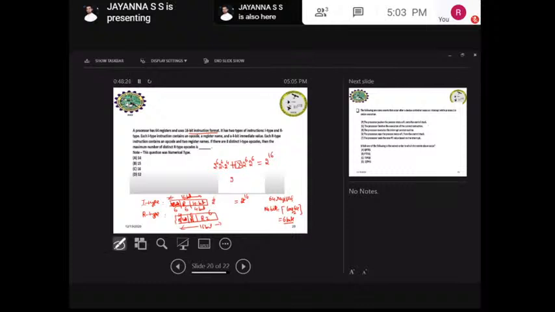So this will become, we have to consider 2 power 6 and 2 power 4. 2 power 12 plus x into 2 power 4. This is 2 power 16, that is, 2 power 12 plus x into 2 power 4 is equal to 2 power 16.